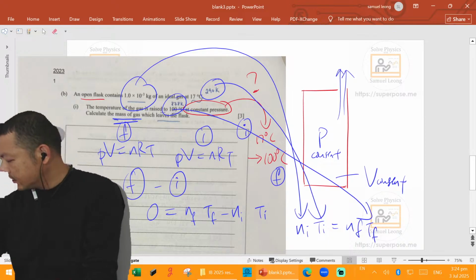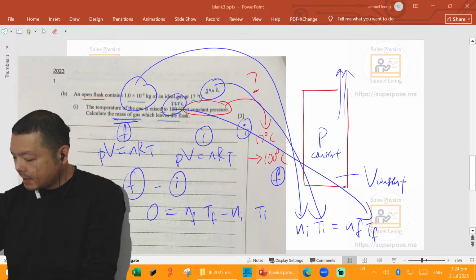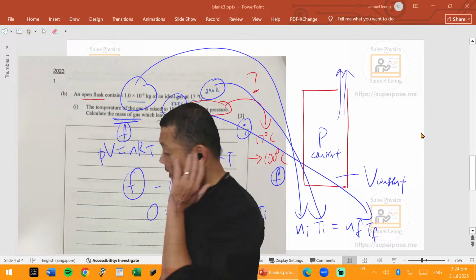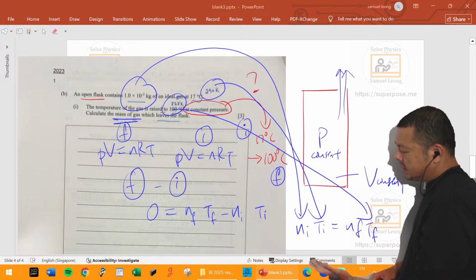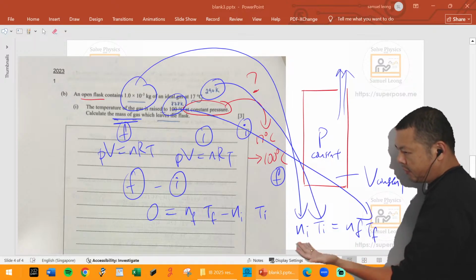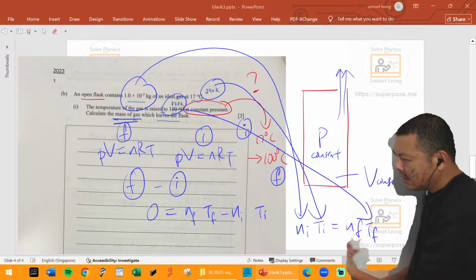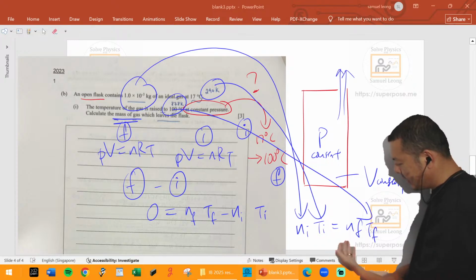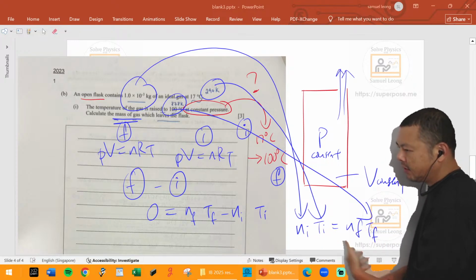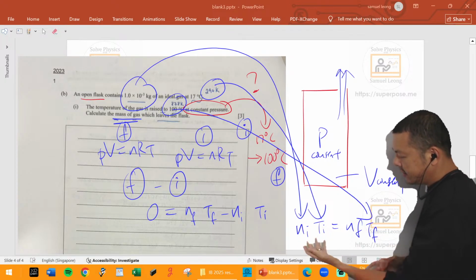Okay, good, so there you go. I'm seriously not comfortable with that. n is supposed to represent the number of moles. But when you end up with a ratio, n initial T initial, n final T final, the ratio of the mass and the ratio of the number of moles is the same.